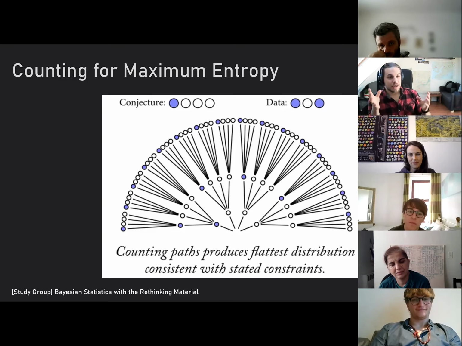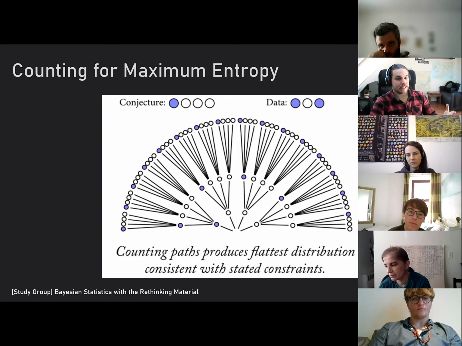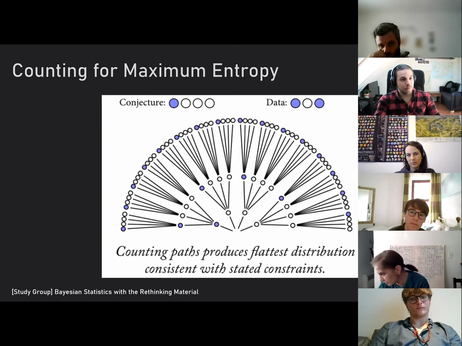We have a certain outcome. Our outcome is blue, white, blue, or 2 blue, 1 white. Now, our conjecture in this case is that we assume our bag holds 1 blue marble and 3 white marbles.